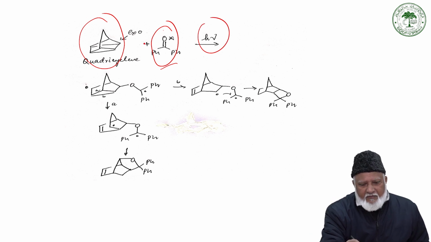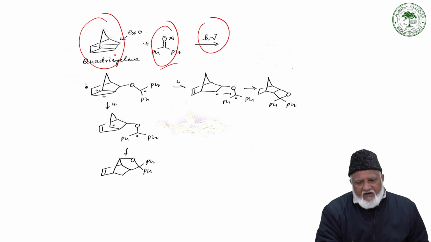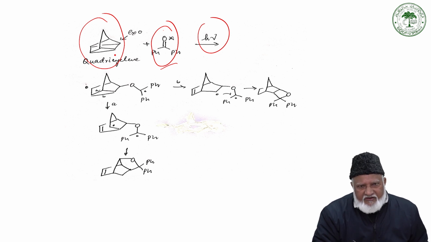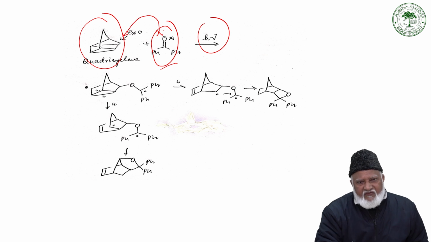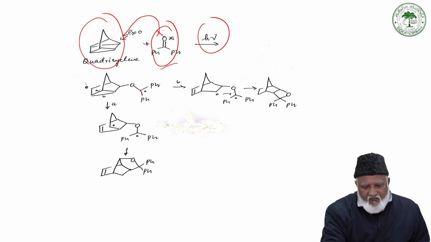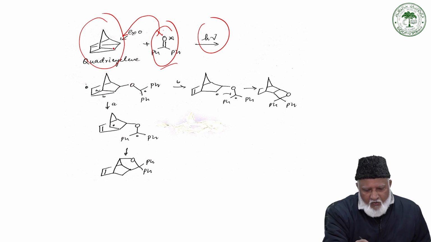The excited carbonyl, on reaction with quadricyclane, attacks on the exo side of the quadricyclane to generate a 1,4 diradical.